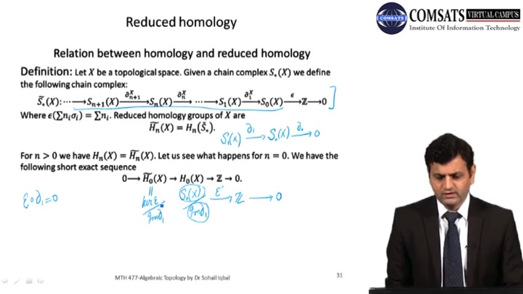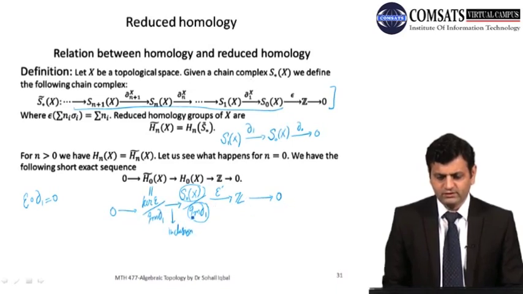And similarly the kernel of epsilon is contained in S naught of X, so there is this inclusion, which is a one-to-one map, and we have 0 over here and Z over here, and so we have this short exact sequence.